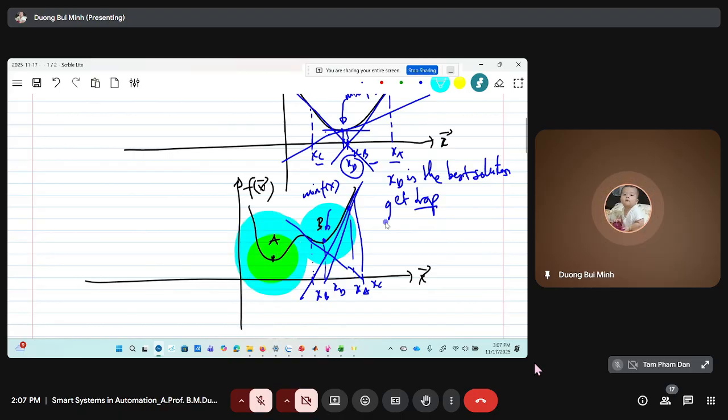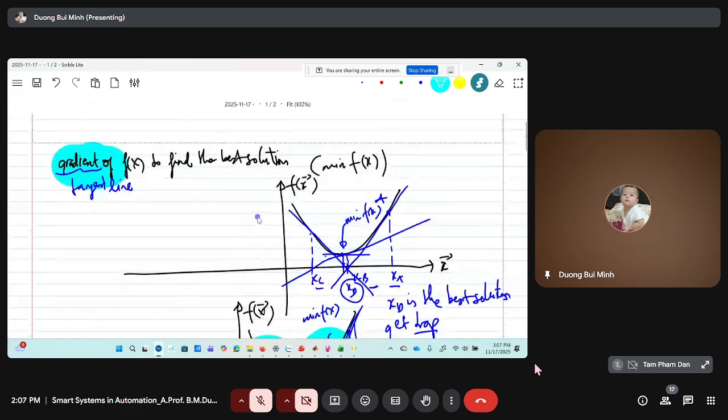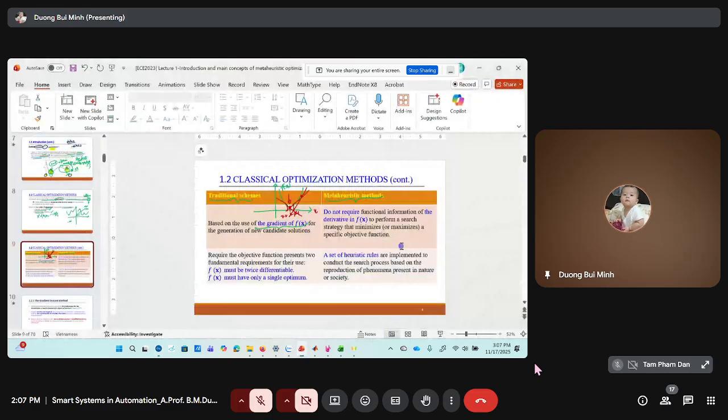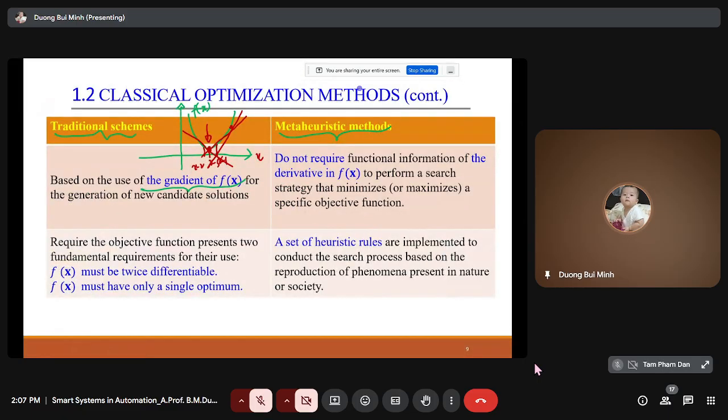Actually, A is the minimum point. So to limit the disadvantage of the gradient of f(x), they developed another method, the metaheuristic methods.